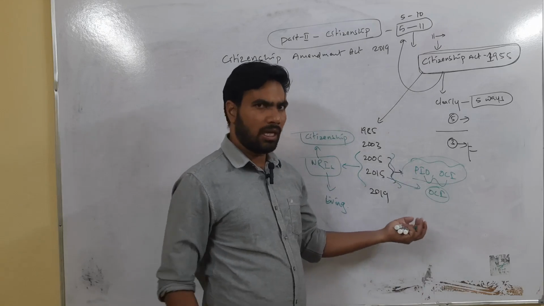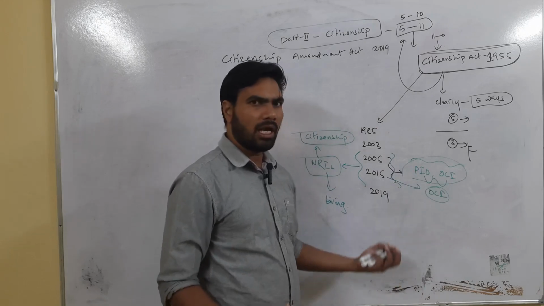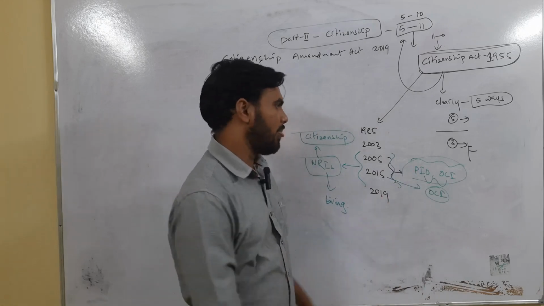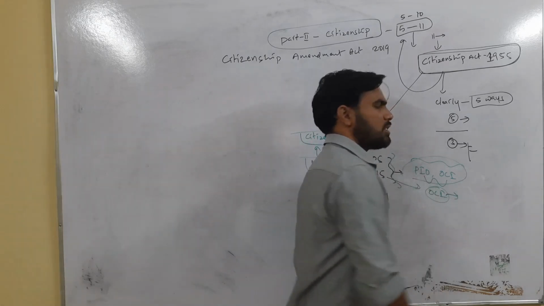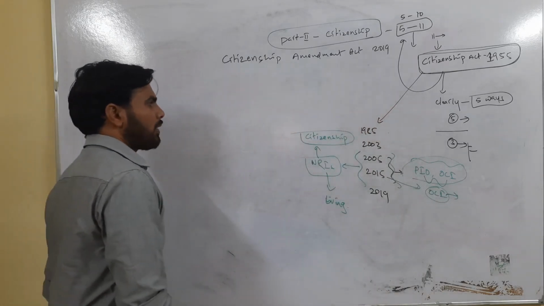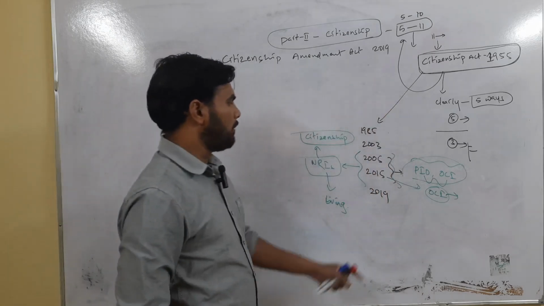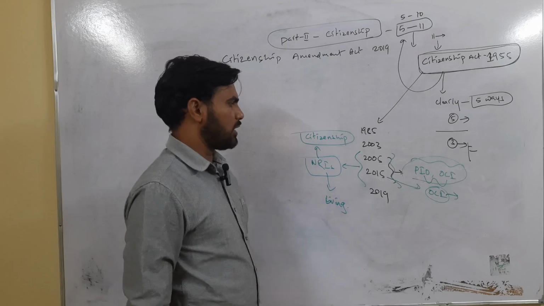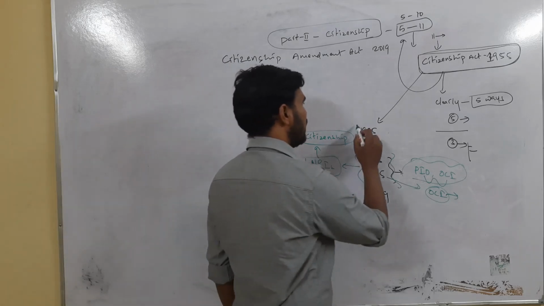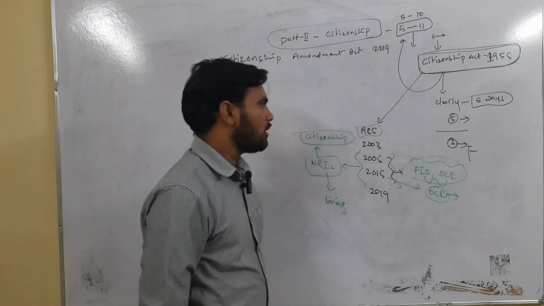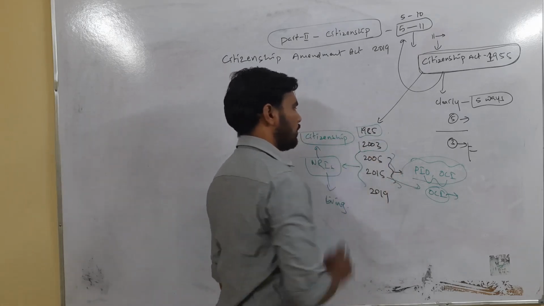Their ancestors lived in India and were citizens of India, but they now have the citizenship of a different country. This is the difference. So before understanding this 2019 Act, we also have to understand the 1985 Amendment and the 2003 Amendment.